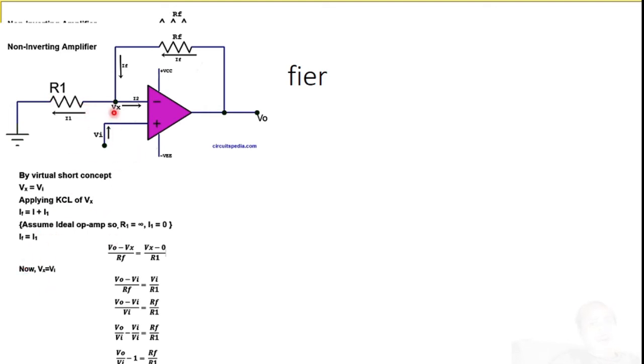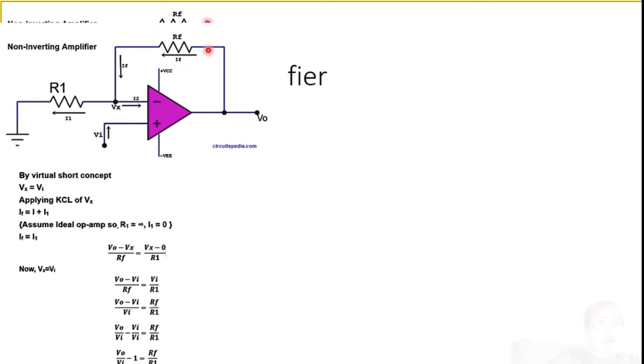I1 is the current across R1, that is Vx minus 0 divided by resistance R1; just apply Ohm's law. Voltage divided by resistance, the potential difference across R1 divided by its resistance, is the current through R1. Here the potential is Vx and here the potential is 0, so Vx minus 0 over R1.